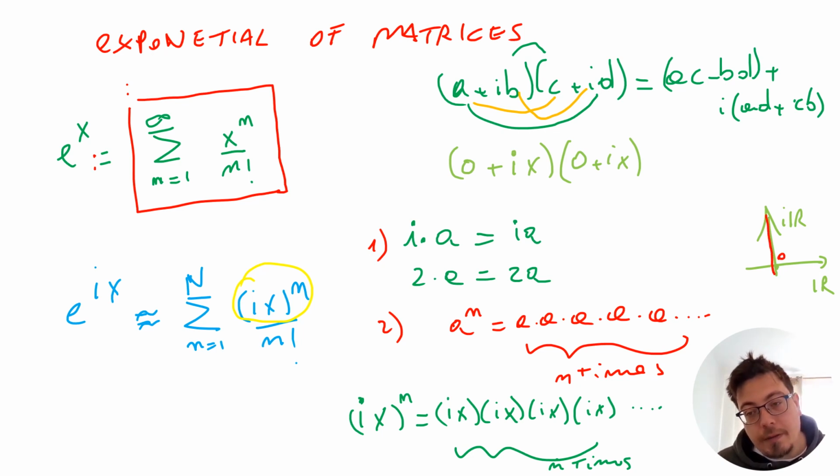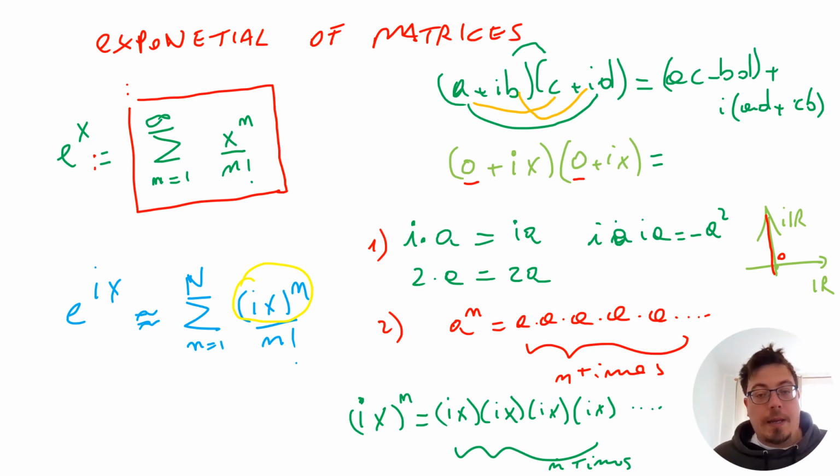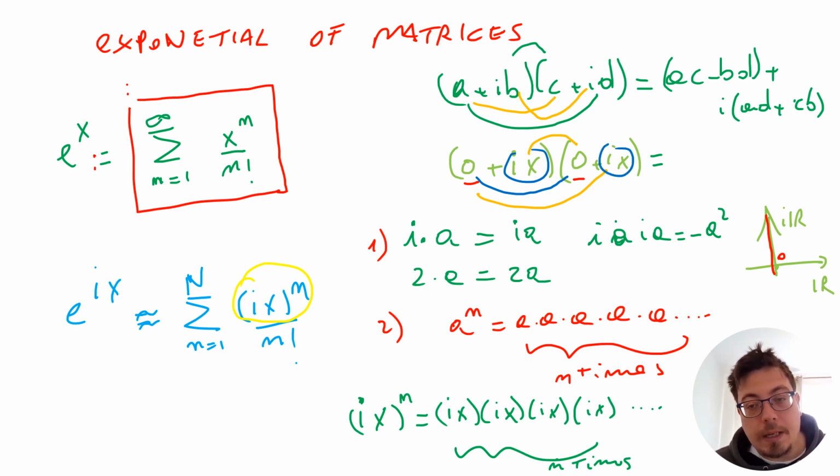So if you don't remember that ia times ia is minus a squared, you can always go back to this definition, and you will see that these terms times this will be 0, this term times this will be 0, and then we only get these terms times these terms, which is i times i times x squared, which is minus 1 x squared.